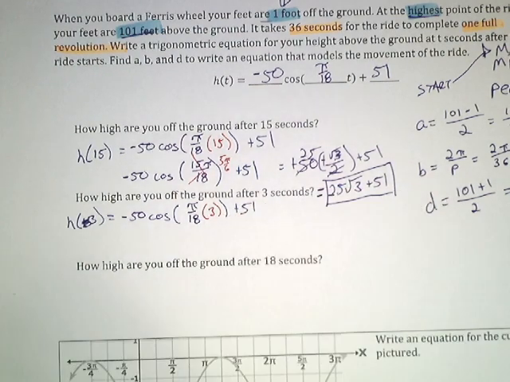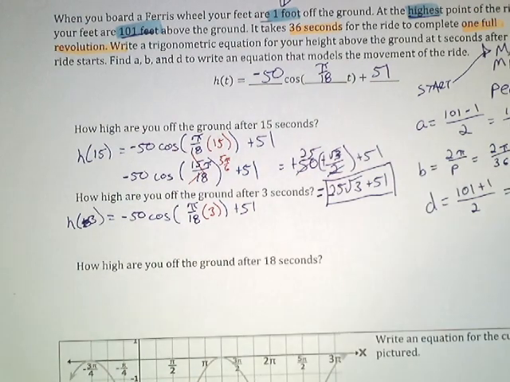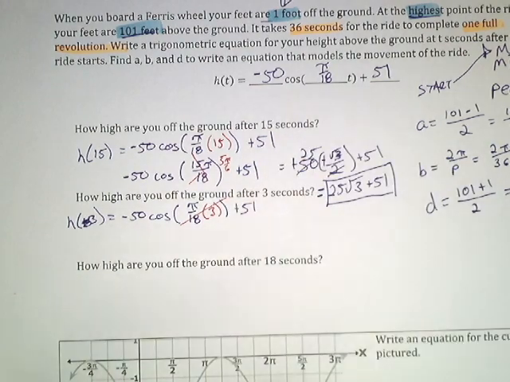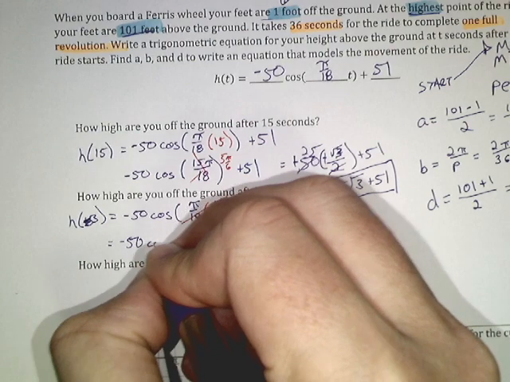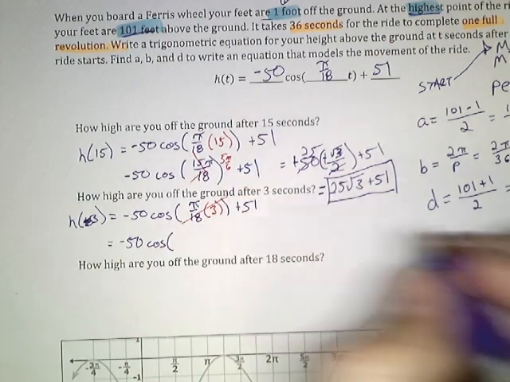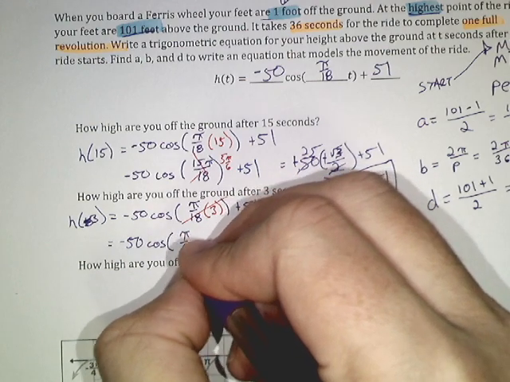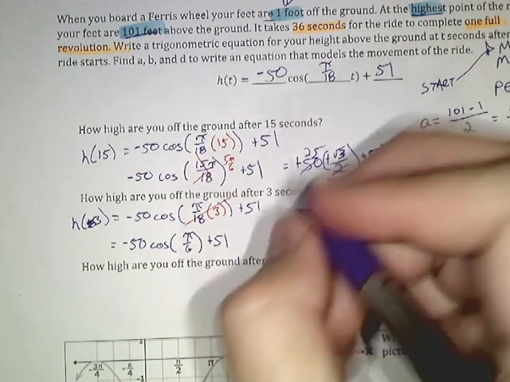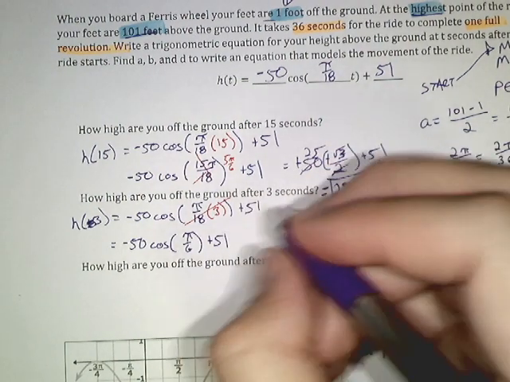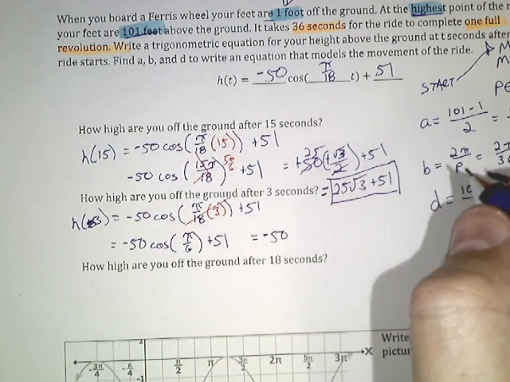So 18 divided by 3, that's 1/6, so that would simplify down to 1/6. So that is negative 50 cosine of pi over 6 plus 51. Cosine of pi over 6 is square root of 3 over 2.